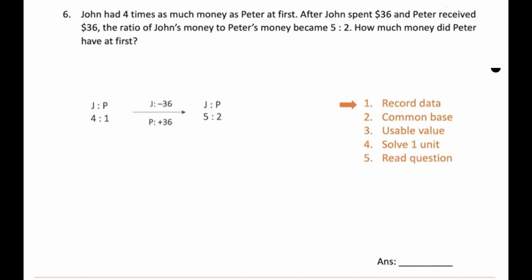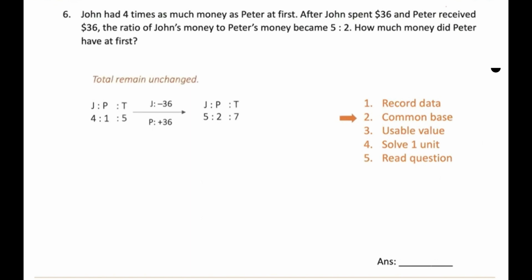Obviously, common base is total unchanged. Why? Together, John and Peter, their total amount of money is the same before and after. Why? Because although John spent $36, Peter received another $36. So together, their total amount of money doesn't change. Then total is unchanged. That is the common base.